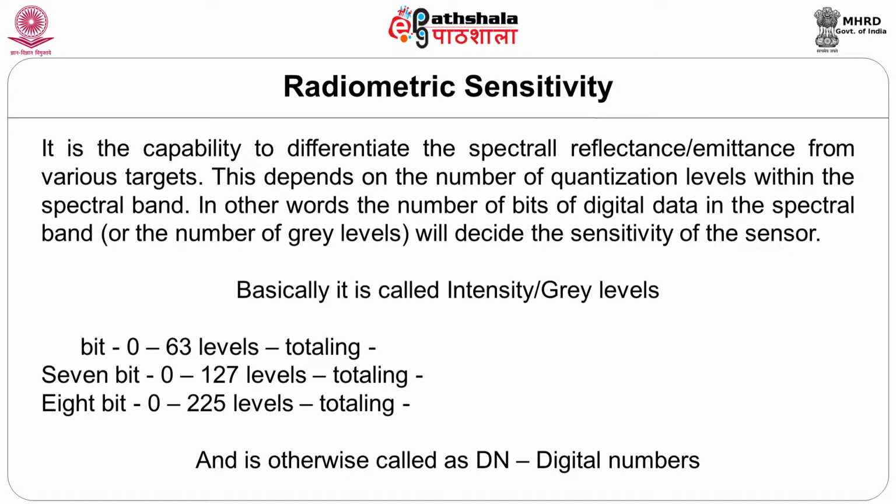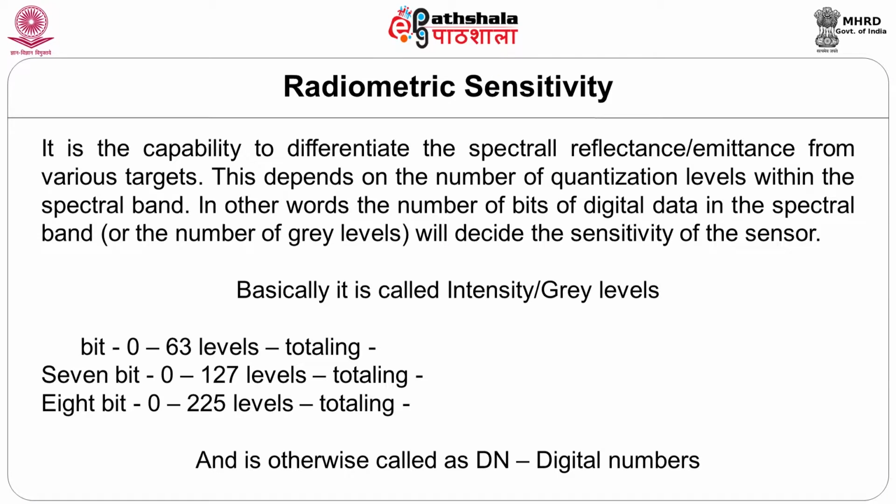So, I have just explained how different bands and different objects behave. Now, I should be capable of storing the energy, isn't it? Once I receive energy, how do I store the energy? So, we have what is called radiometric sensitivity.